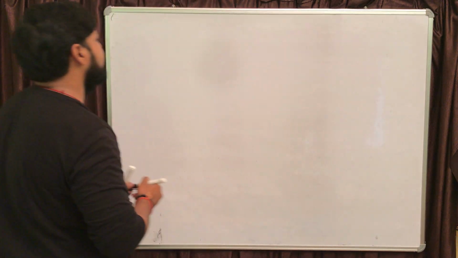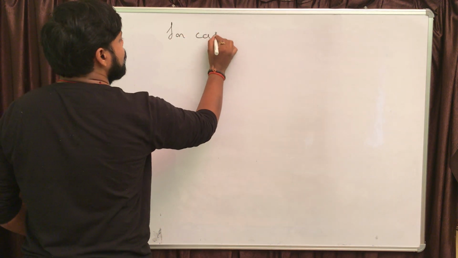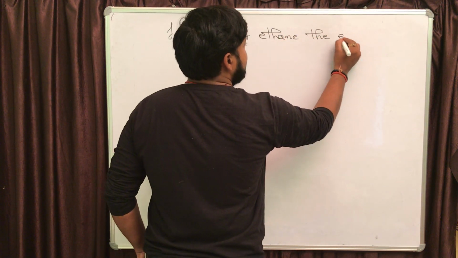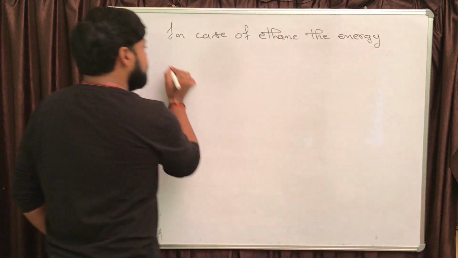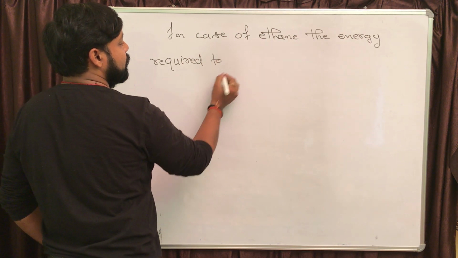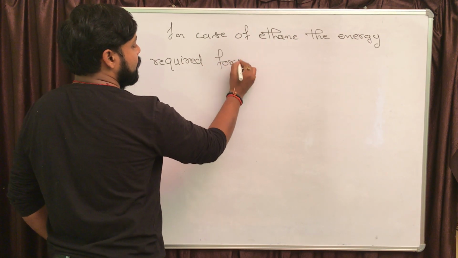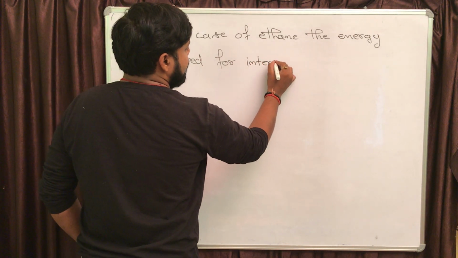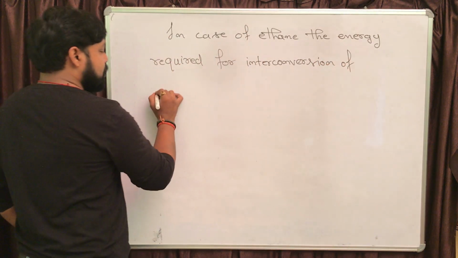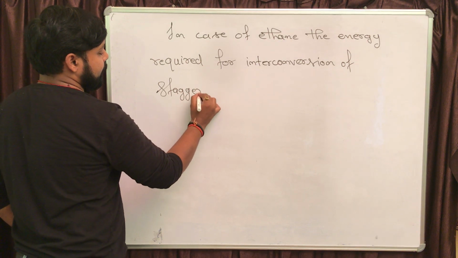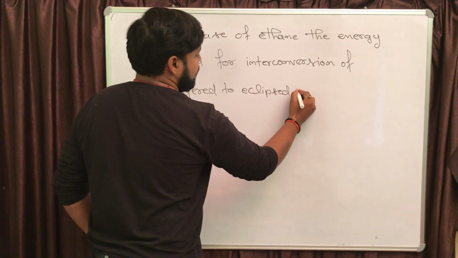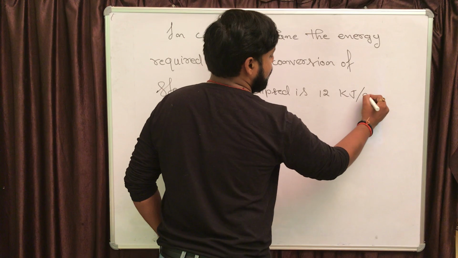So in case of ethane, the energy required for interconversion of staggered to eclipsed is 12 kilojoule per mole.